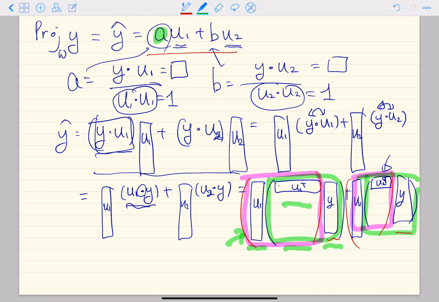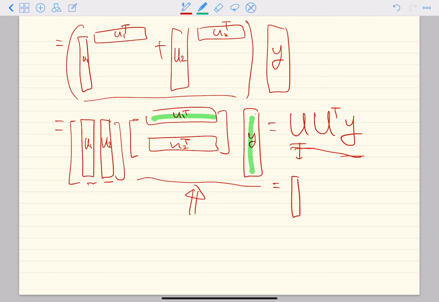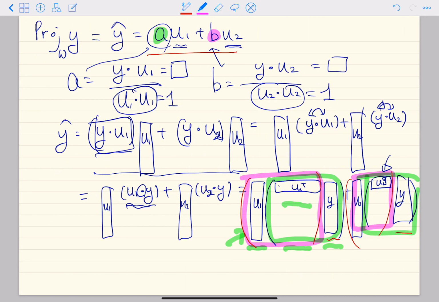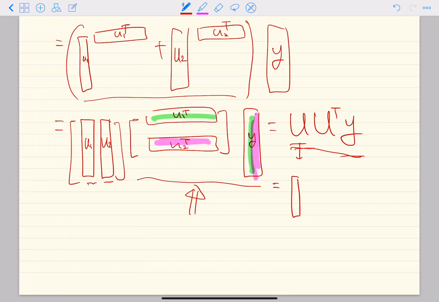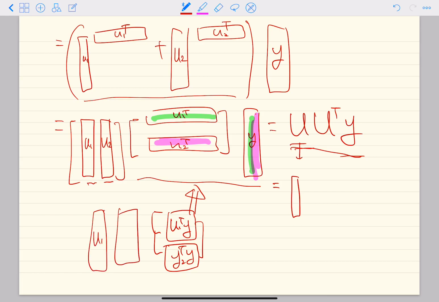U1 transpose y. And also U2 transpose y will work as this B. And that will work as the linear combination coefficients over here, U1 transpose y and U2 transpose y. So these are the two scalar values that work as linear combination coefficients, and also we have U1 and U2 as a matrix.